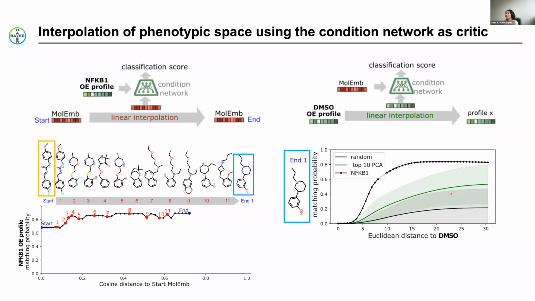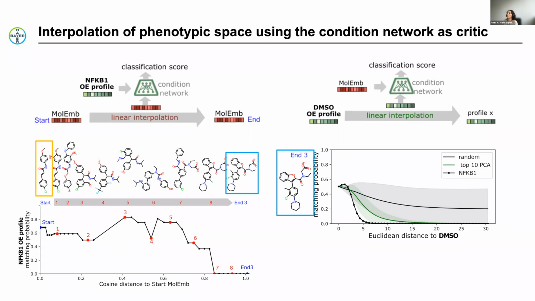And we repeated these experiments for different molecules. So we also did the interpolation for this end molecule, finding similar results, and also tried interpolations in the opposite direction. So not towards increased activity, which would be like a molecular optimization example, but also towards decreased activity, just to see what happens.